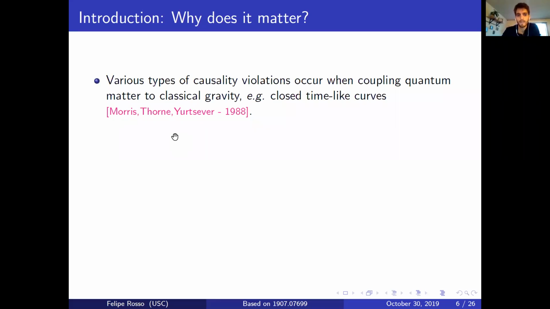You can do that. And for the cases in which you have a state with negative energy density, what you find is that the geometry that you find after solving the Einstein's equation usually has some type of causality violation, okay? This is to say some closed time-like curves. It could be that, or it could be some other feature that violates causality.